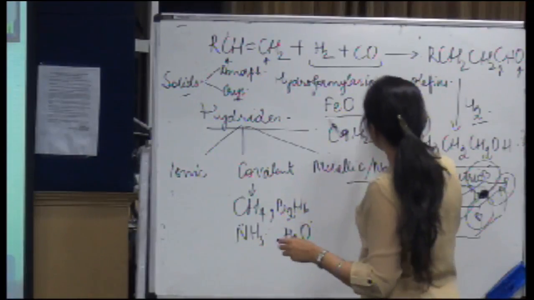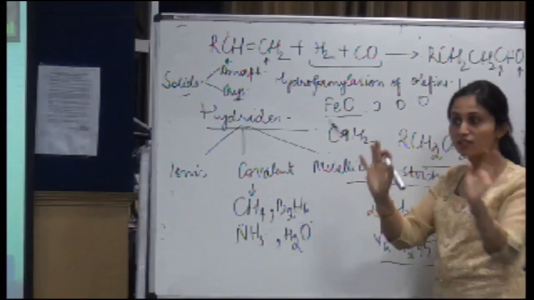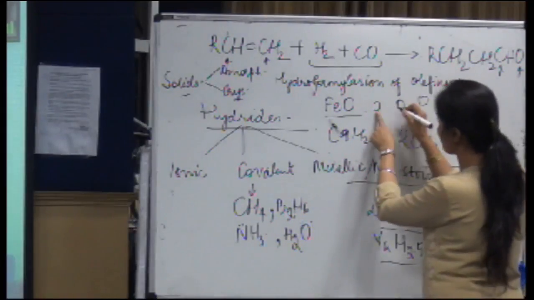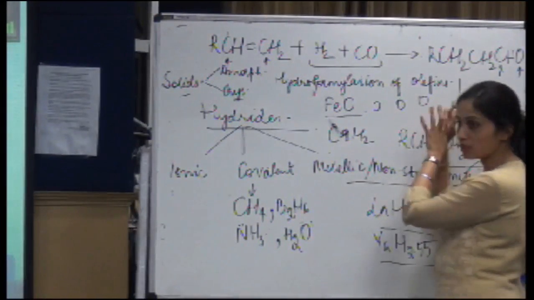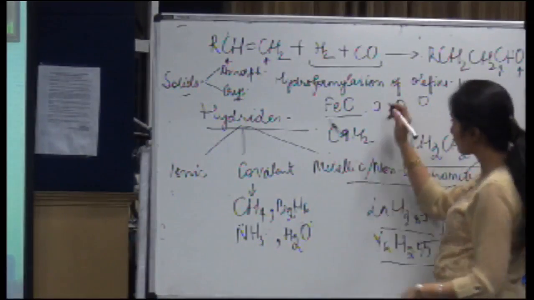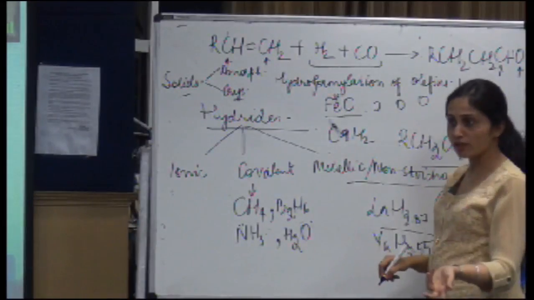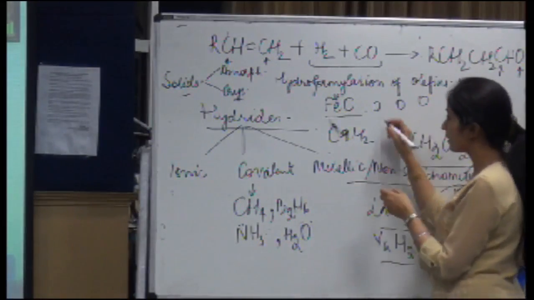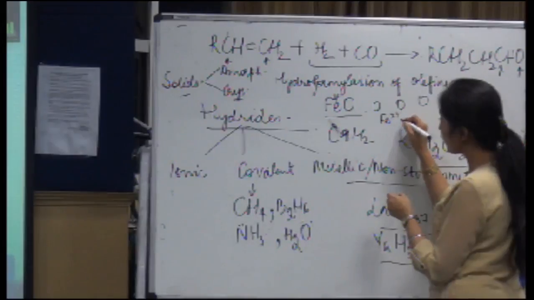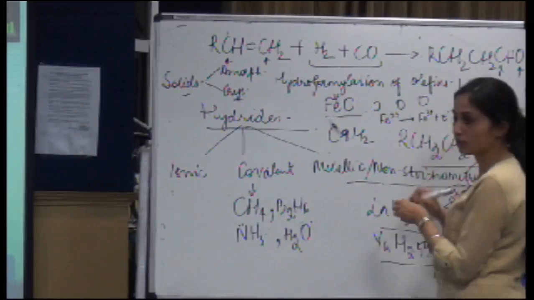In this lattice, a place is made for every atom. There are seats for everyone. So your Fe is sitting here, O is sitting here, Fe sitting here, O sitting there. It's like an ordered pattern, just to give you a very basic picture. Fe is 2 plus. If some of the Fe is not there, then to compensate, some of the Fe2 plus becomes Fe3 plus plus an electron.